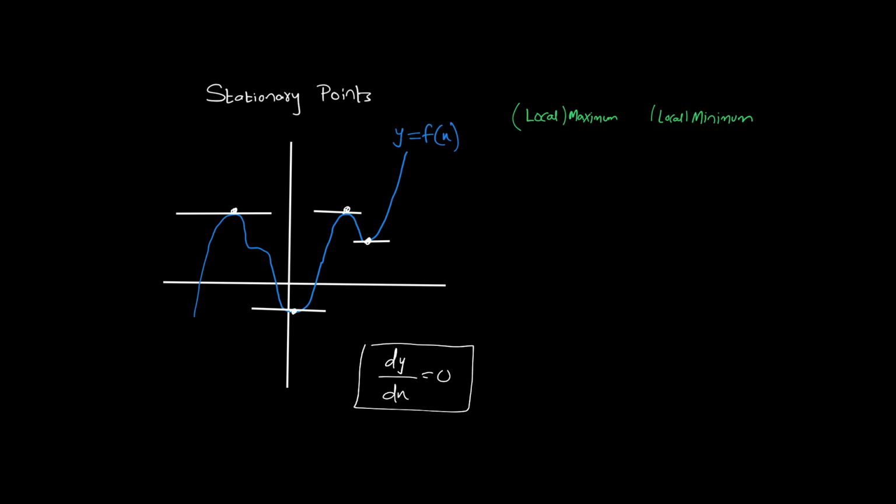Okay, so now the nature of the stationary points. In general, there are three kinds of stationary points. One is the maximum point, the other is the minimum point, and the third is the point of inflection, but we will not be covering that in the syllabus.